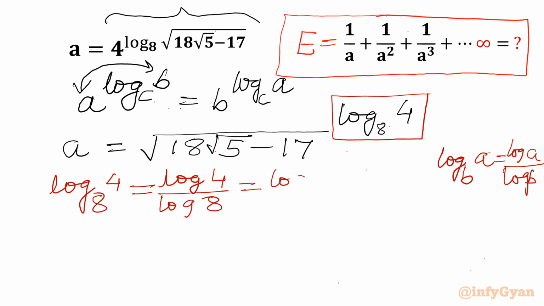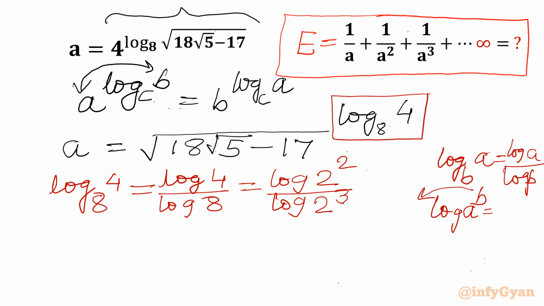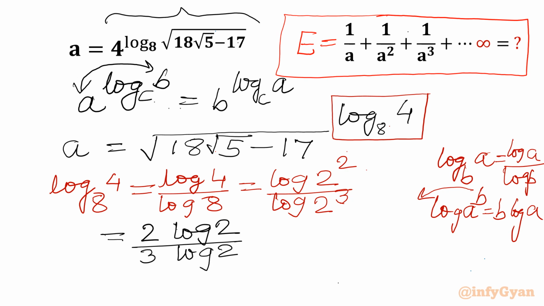Now we can write 4 as 2 square and in the denominator 8 we can write 2 cube. Now I will use another log property, log a power b. We can take this exponent as a multiplier, so it will become b log a. Let us apply. So I can write this will be equal to 2 log 2 in the numerator and 3 log 2 in the denominator.